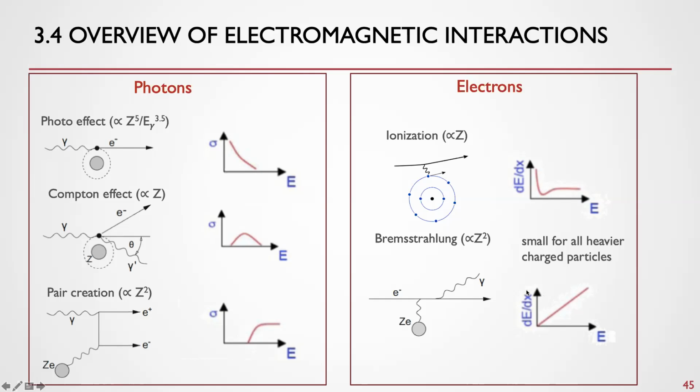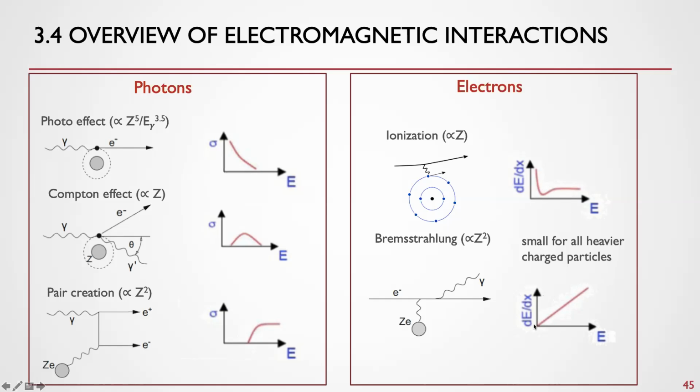And if you remember, we had to divide by E to put it on a useful scale. Now, if we put ionization and bremsstrahlung on the same scale, we see that the energy loss is linear with energy and will completely dominate.